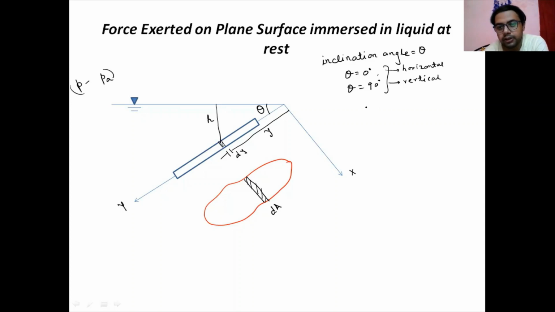If you take the sine theta, you will get h by y, so h is equal to y sine theta. So what is the gauge pressure acting here? From your hydrostatic principle, P minus PA is equal to rho g h.